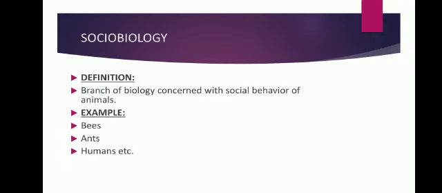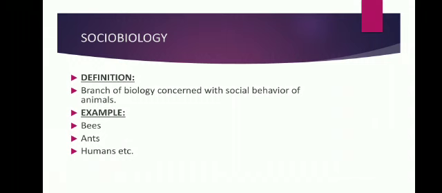The next branch is sociobiology. The word socio comes from the word social. So this branch is about the social behavior of animals. Social behavior is the behavior that is due to the interaction of one organism with another organism.